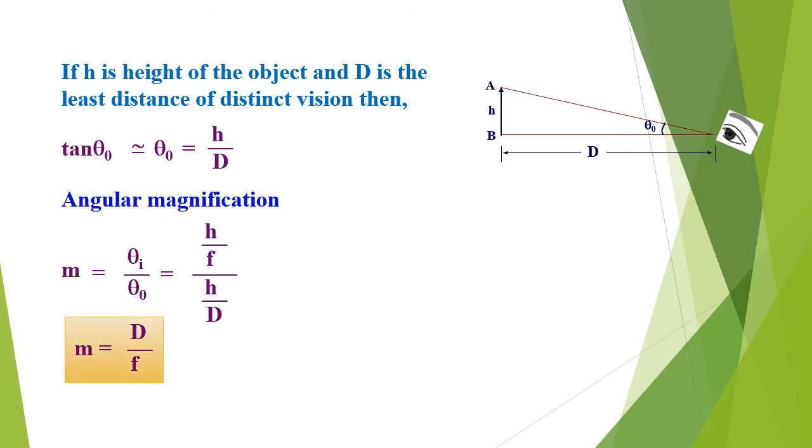So magnification we can find using this: h and h get cancelled, giving d by f. So you can compare this for the near point and the infinite distance. For the near point it is 1 plus d by f, and for the infinite distance it is d by f. That means magnification is maximum at the near point. D indicates least distance of distinct vision.